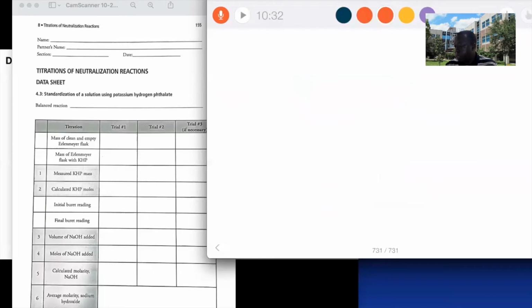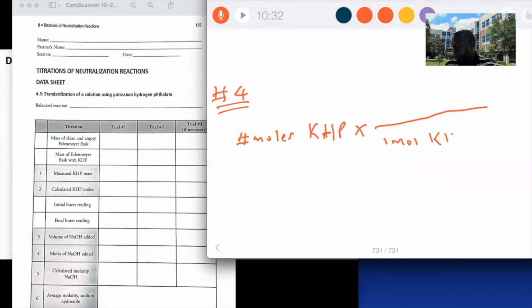In this case, if you want to show your setup for number 4, the number of moles of KHP is from line number 2. You should have the number of moles of KHP times the mole ratio: 1 mole of KHP equals 1 mole of NaOH.